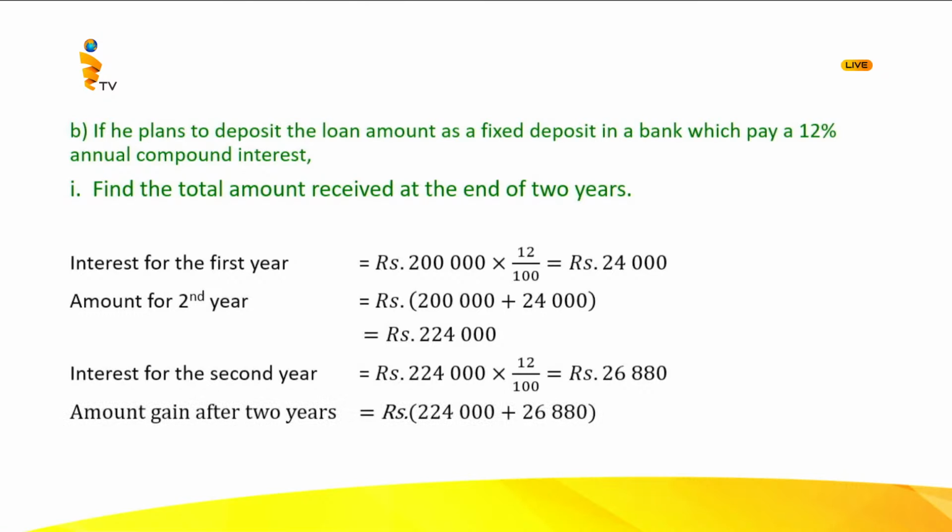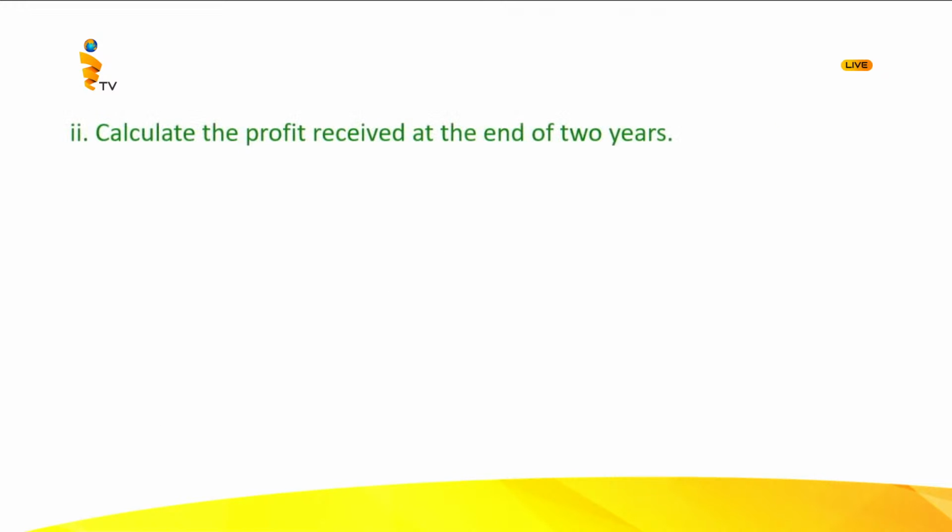Then, the amount gained after 2 years will be equal to 224,000 rupees plus 26,880. Then he will obtain 250,880 rupees by depositing 200,000 rupees in the bank for 2 years at an annual compound interest rate of 12%.